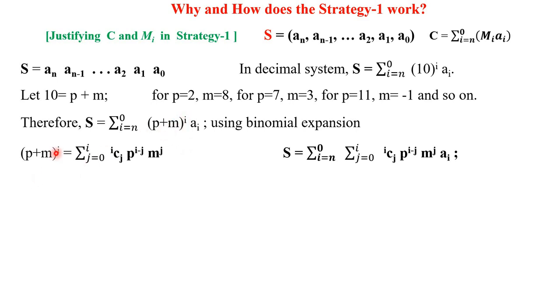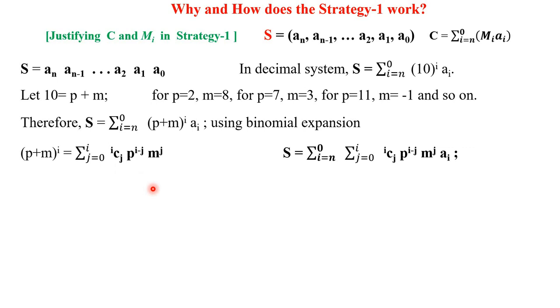So (P plus M) to the power I by binomial expansion is the sum over j from 0 to I of ICJ, the binomial expansion coefficient, times P to the power I minus j and M to the power j. So (a plus b) whole square is a square plus 2ab plus b square, which actually fits in this one, or even (a plus b) whole cube, or (a plus b) to any power I, that we get from this one.